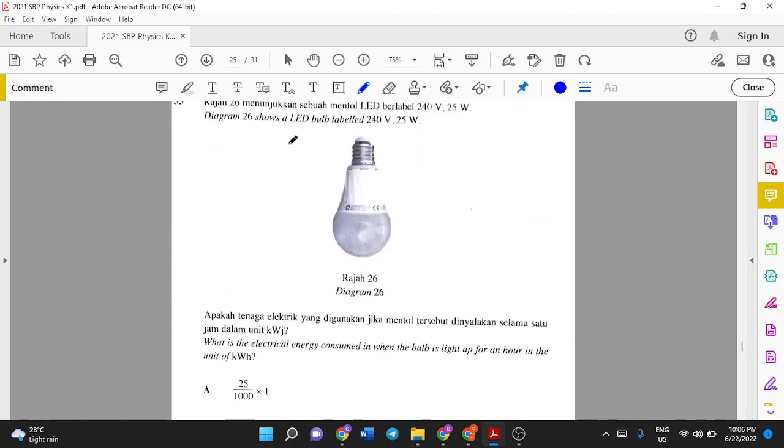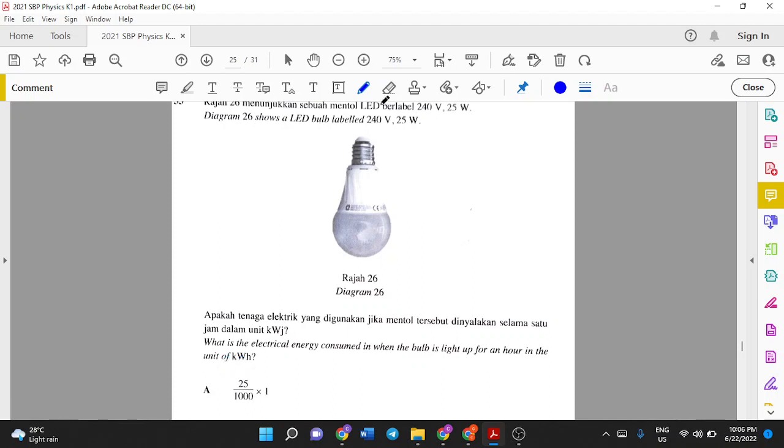Diagram 26 shows an LED bulb labeled 240 volts, 25 watts. So what is the electrical energy consumed when the bulb is lit up for an hour, in the units of kWh? This is called kilowatt hour.